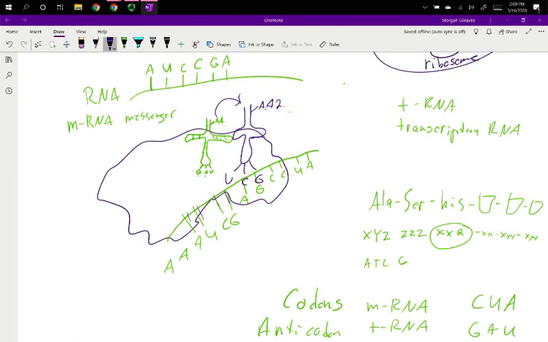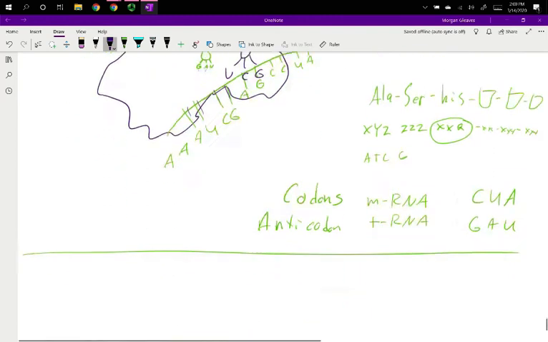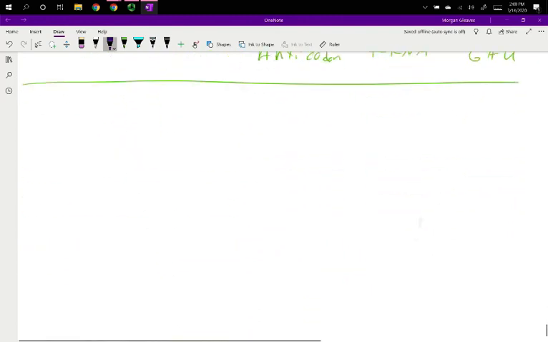These physical interactions and these shapes, this is how it's accomplished. So this is what's going on to translate DNA.